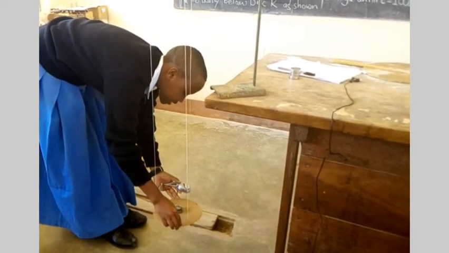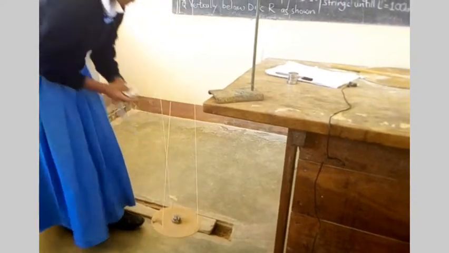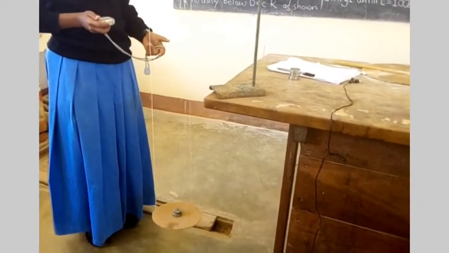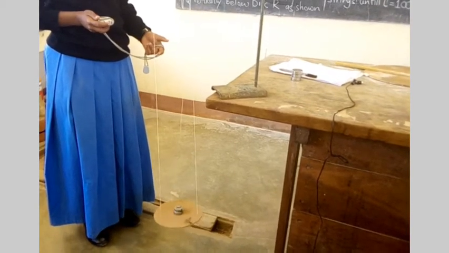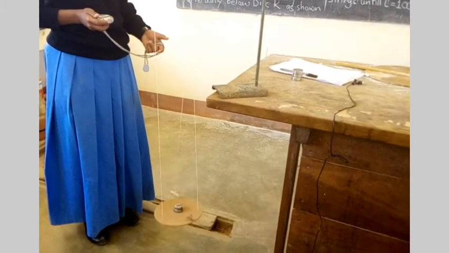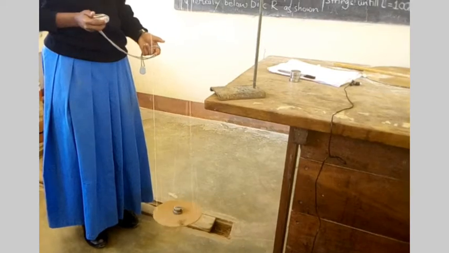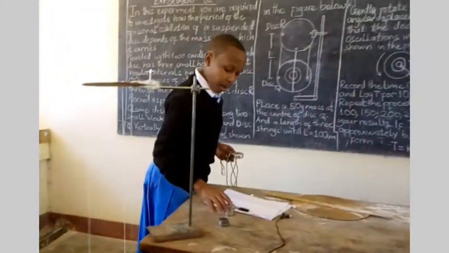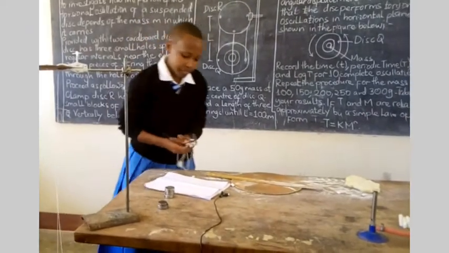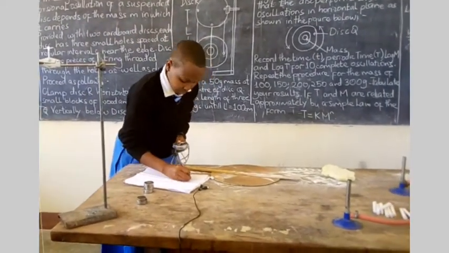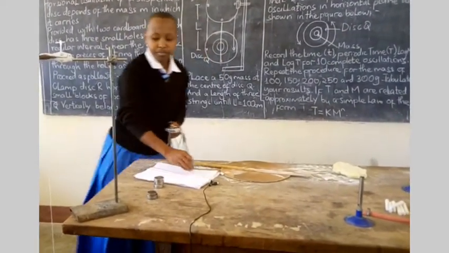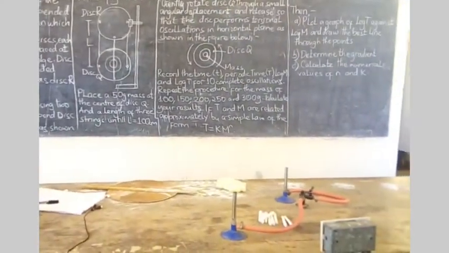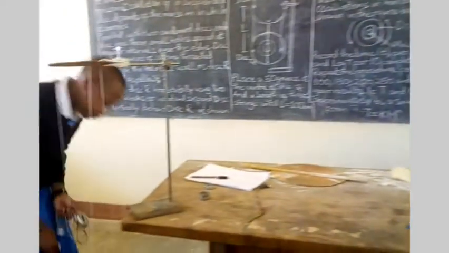We displace our disk. 1, 2, 3, 4, 5, 6, 7, 8, 9, 10. So we have also obtained the time for 150 grams. We record it. And then we move on to the next mass, which is 200 grams.